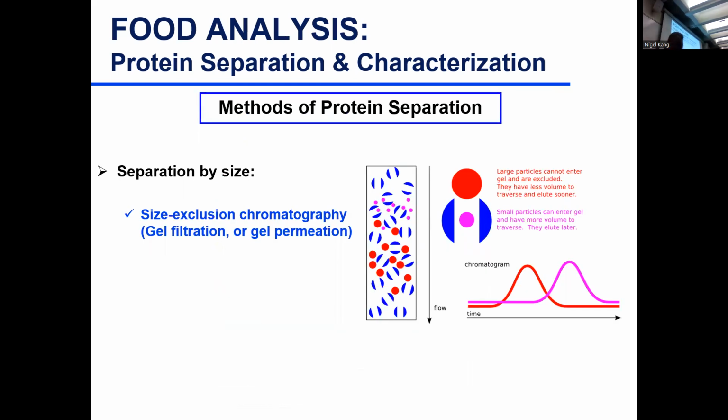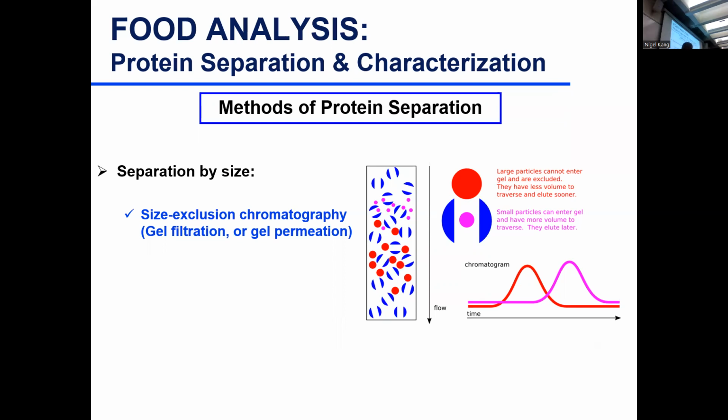The other method of separation, which is based on size and shape of the proteins, is size exclusion. It's a chromatography approach, and we use them to separate proteins based on their molecule. So we have different columns with different range of pore size. Depending on our application, we pick from different column options we have.